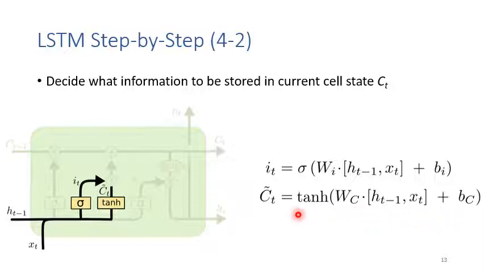Then we can calculate a new cell state. Again, we have an input gate that can control how much new cell state information we want to pass and add to the previous cell information. So this is how to control the new cell information.